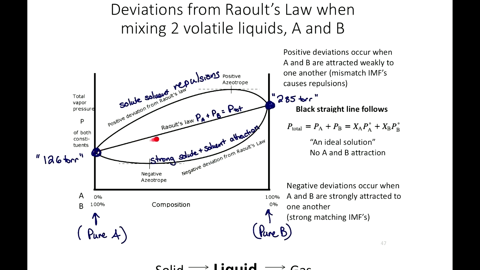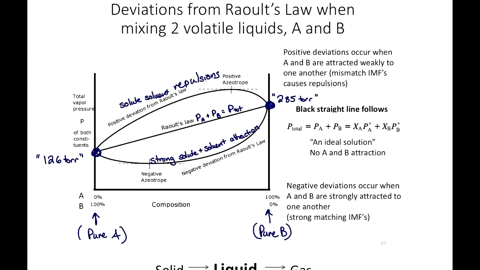So depending on how much A and B you have in your mixture, if you have pure A, you're going to be close to 126 torr. But if you have pure B, you're going to be close to 285 torr. And as you move along this line, you're just changing the ratio, the mole fraction of your mixture. But utilizing Raoult's law assumes that there are no interactions, no attractions between the particles themselves, and so that's where we get deviations from Raoult's law.